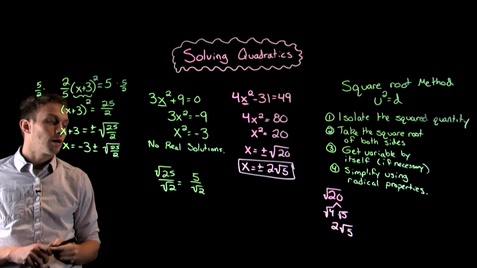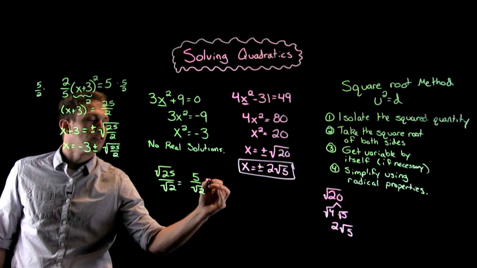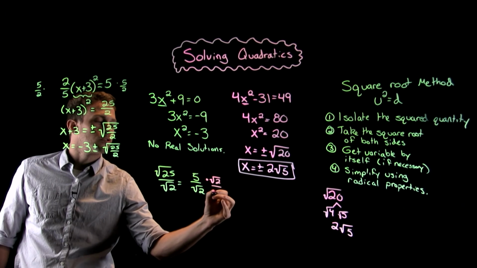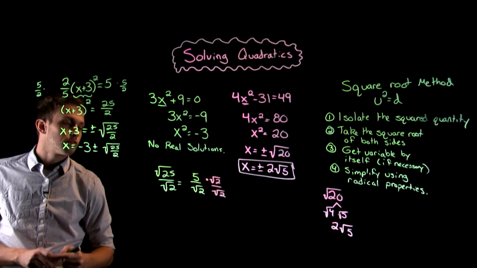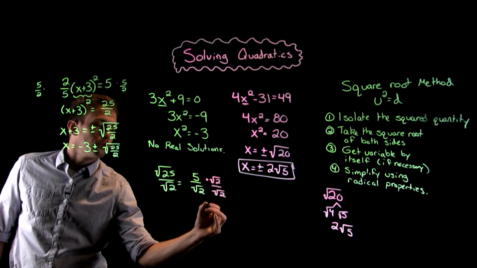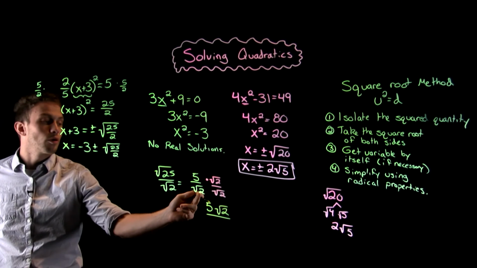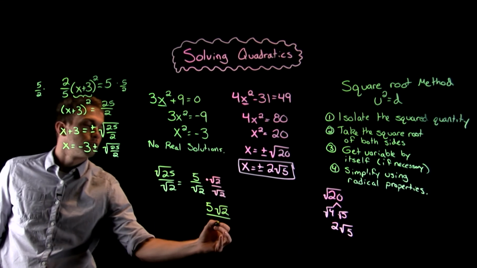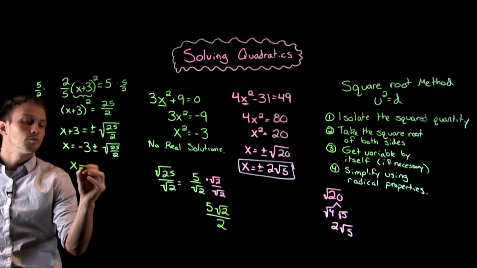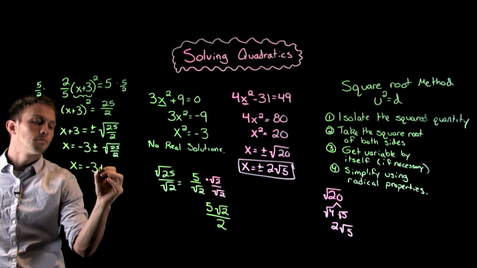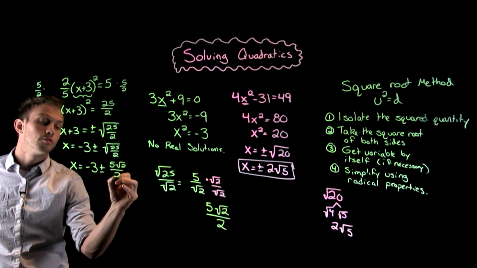So if we think back to rationalizing our denominator, we can multiply the top and bottom by the square root of 2 over the square root of 2. That gives us 5√2 in my numerator over the square root of 2 times the square root of 2, which is just 2. So my answer here would be x is equal to negative 3 plus or minus 5√2 over 2.